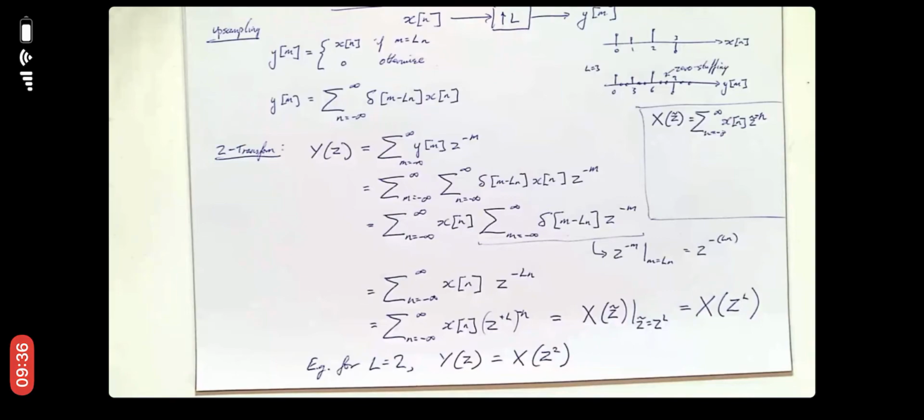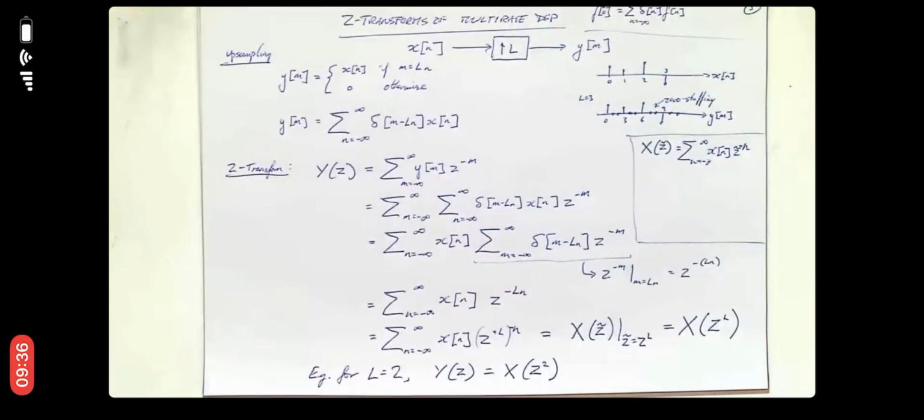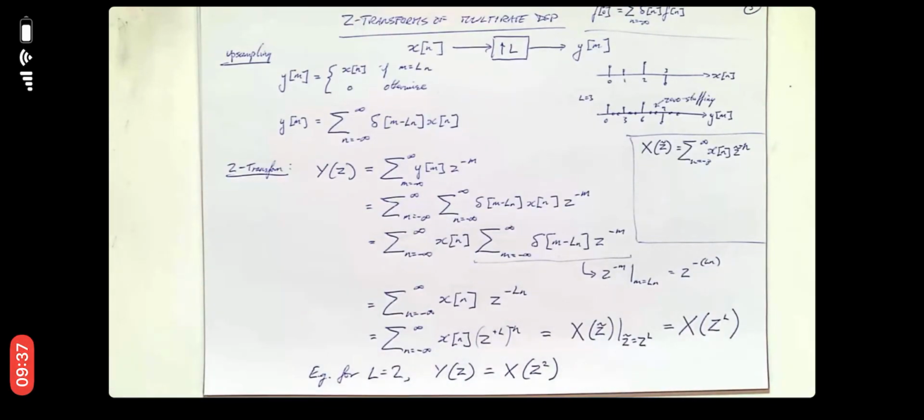So in one sense this is quite nice, but a little bit surprising as well, that we come out by doing this upsampling or interpolation. What we've got is the Z transform has changed the value of Z that we use. So instead of using an ordinary Z, we use Z squared.